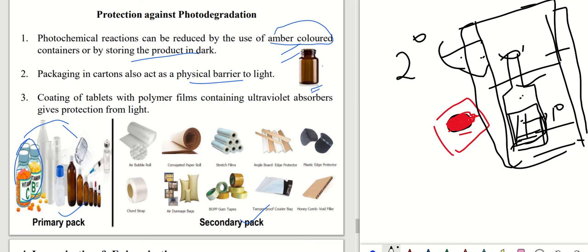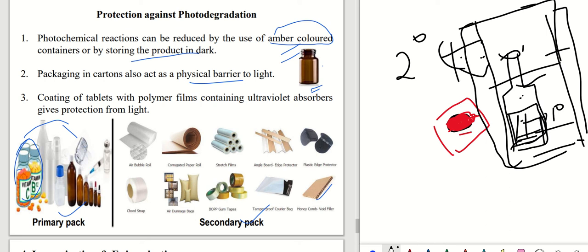In a few secondary packs we will have this kind of filler; these are examples that are seen not just in the pharmaceutical industry, but in most industries as secondary packs. But we'll choose a few things which are of pharmaceutical grade.